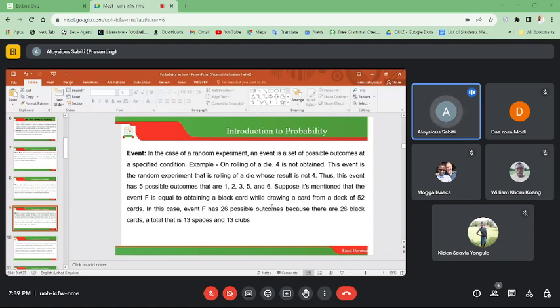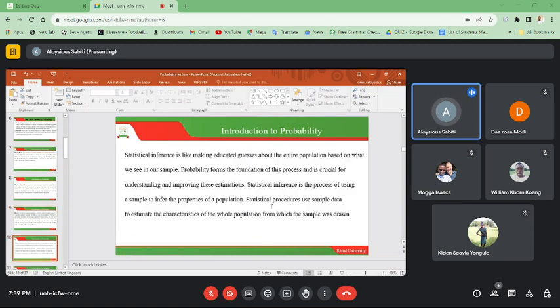So it will either be a 1, a 2, or a 3. And that is what we call an event: a random experiment that occurs becomes an event in that regard.